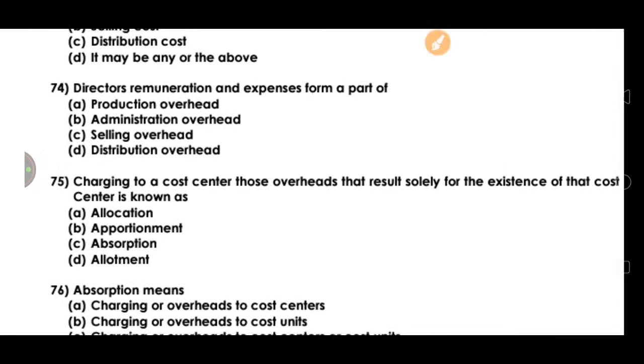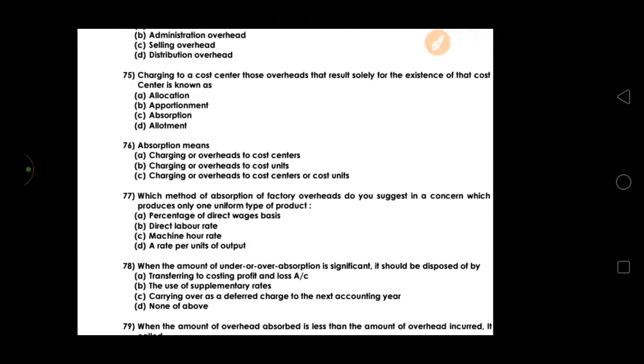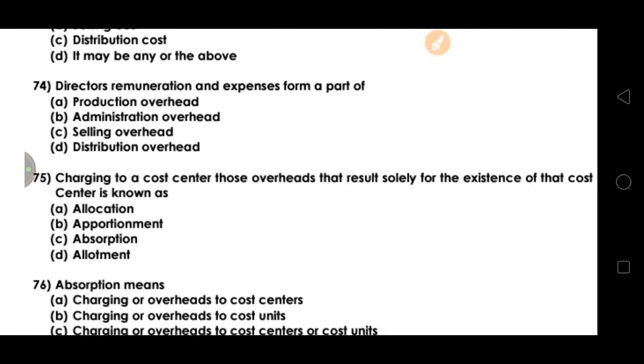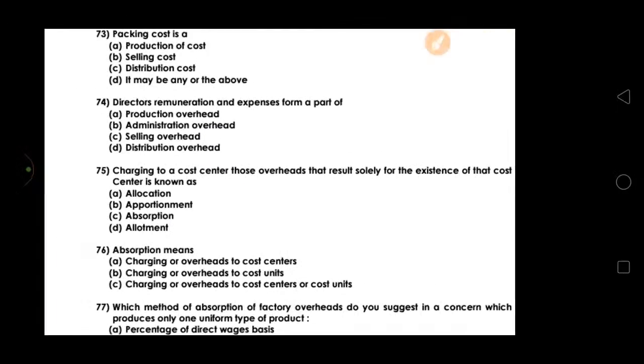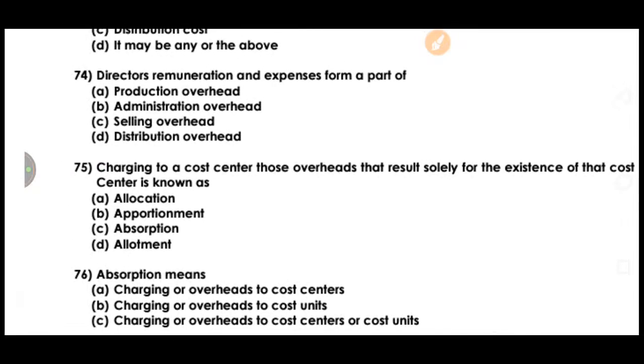Charging the cost to a cost center, those overheads that result solely from the existence of that cost center, is known as allocation. A is the right answer.